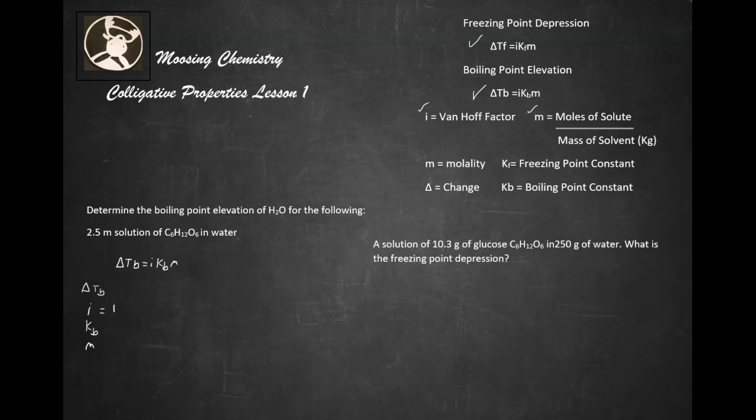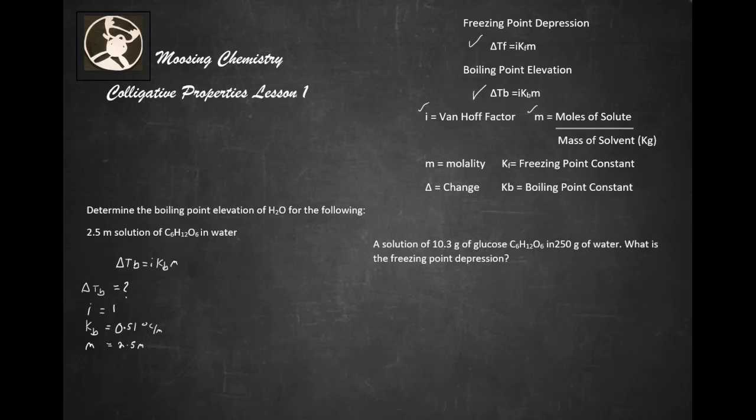Our boiling point elevation is what we're looking for, delta TB. Our Kb for water for the boiling point is 0.51, and that will be degrees C over molal.